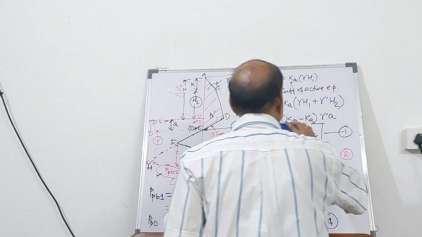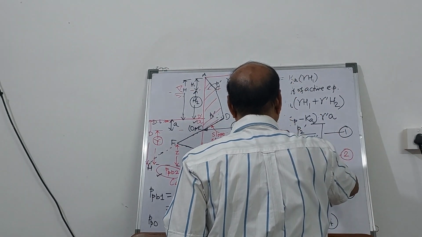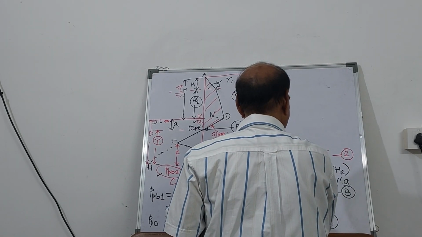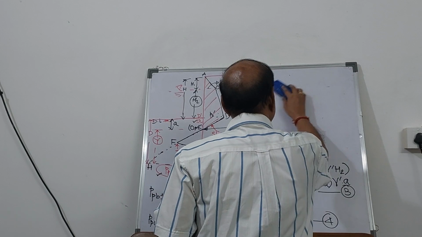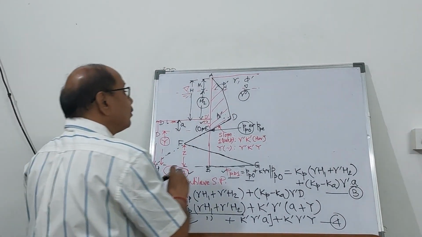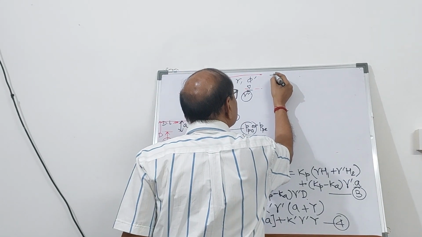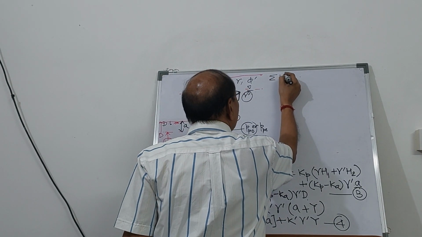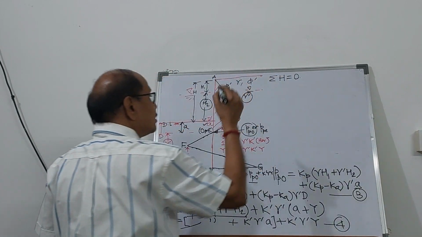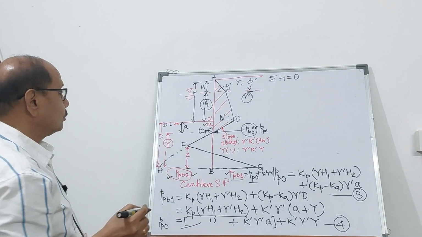So for this cantilever sheet pile, apply the law of statics. Applying the law of statics, the algebraic sum of all the horizontal forces must be equal to 0.